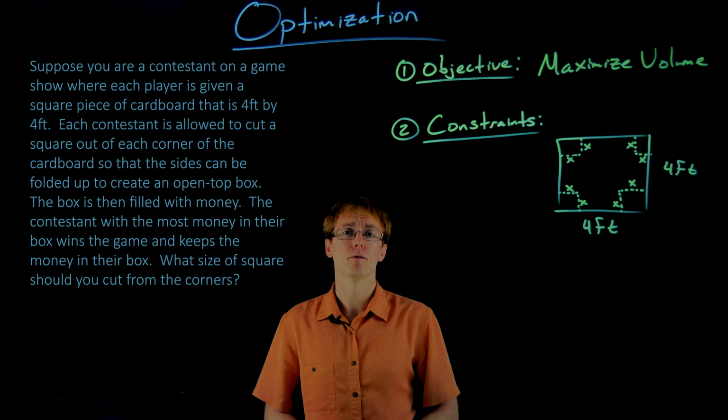We still have to verify that this critical value actually does correspond to a maximum and not some minimum or anything like that. And to do that, we could just use our second derivative test. If we take the second derivative of our volume function, we're going to end up with negative 32 plus 24x. And if we evaluate that at 2/3, well, what do we get?